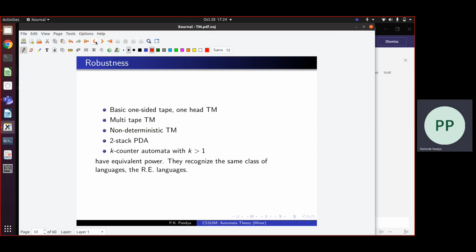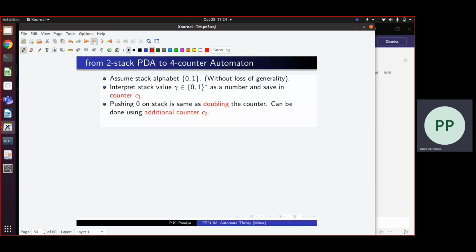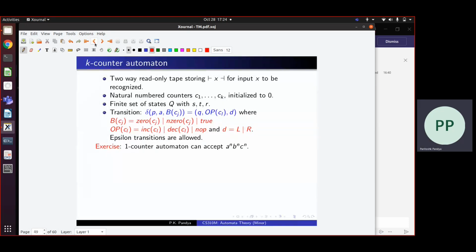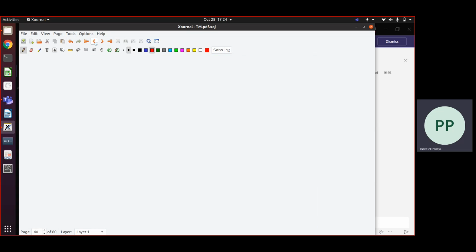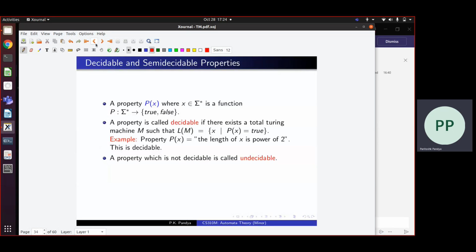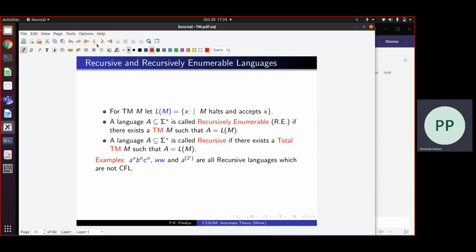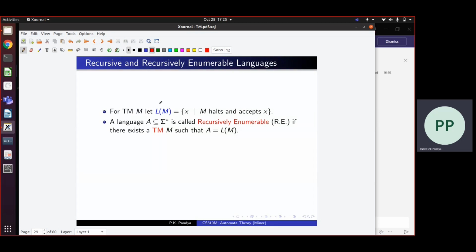Now, what I want to do is define some terminology. This terminology is very important, although it is simple. Suppose you are given a language, some arbitrary subset of sigma star.